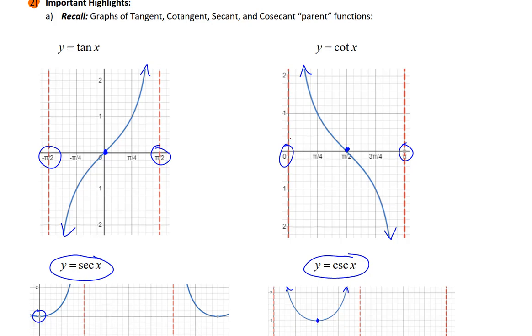From 0 to pi, we saw one full period, and we had a vertical asymptote at 0 and a vertical asymptote at pi. So in other words, the beginning and the ending of one full period for cotangent was bookended with vertical asymptotes, and then we had this snaky graph in between those.